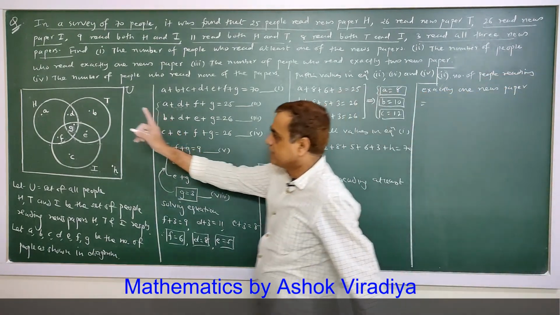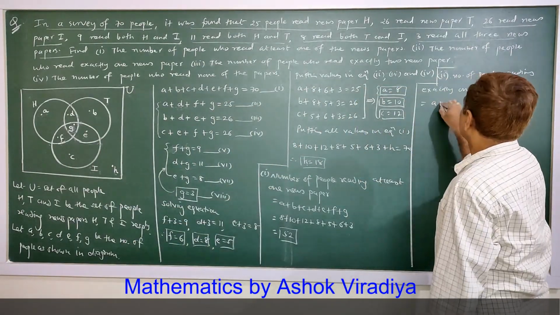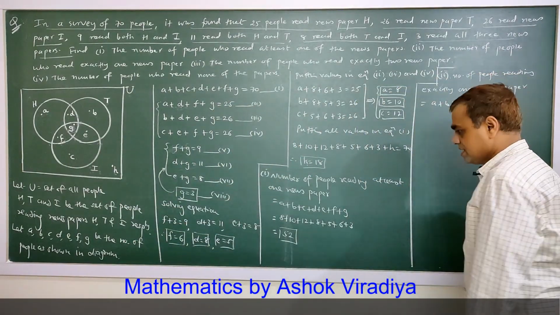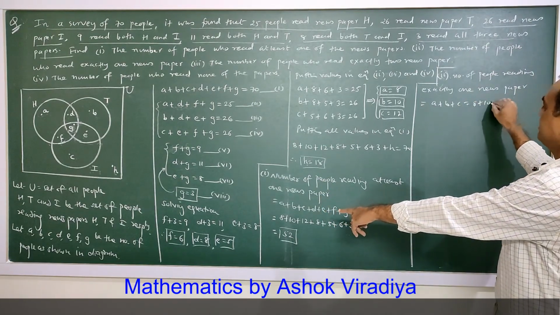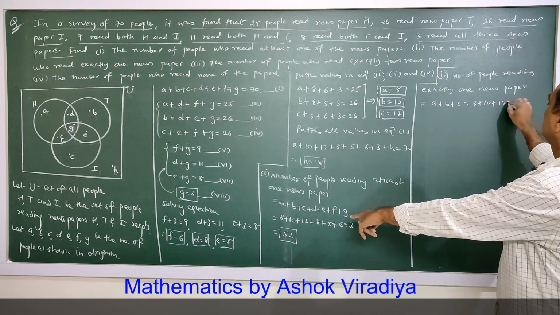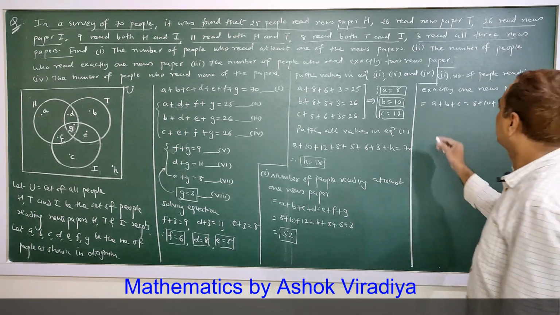Exactly one means A plus B plus C, where A is 8, B is 10, C is 12. So 30 people read exactly one newspaper.